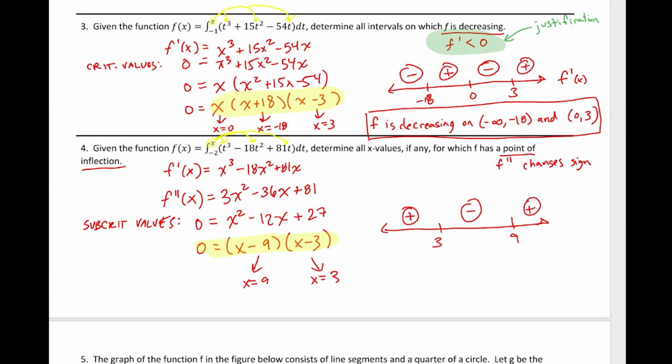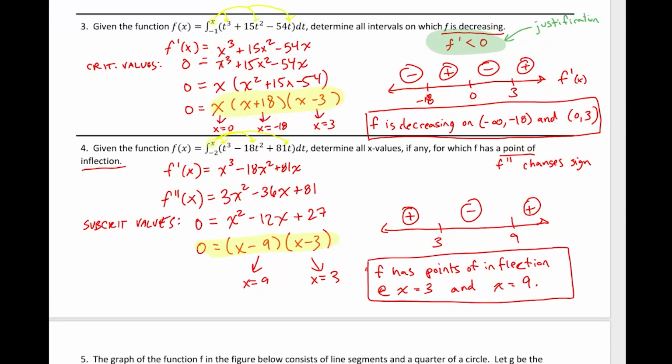So let's just answer our question here. F has points of inflection at x equals 3 and x equals 9.